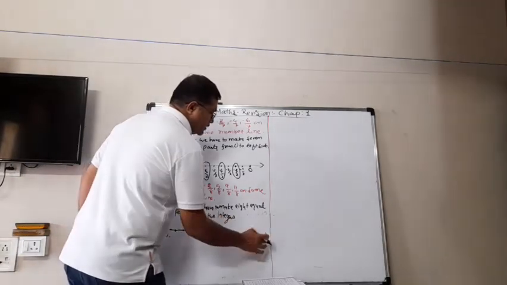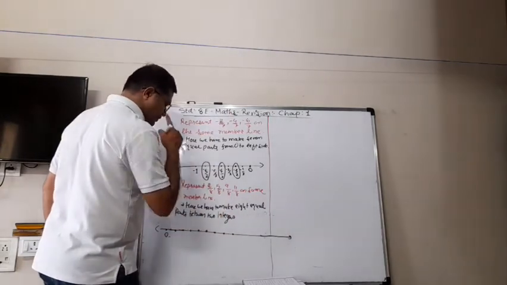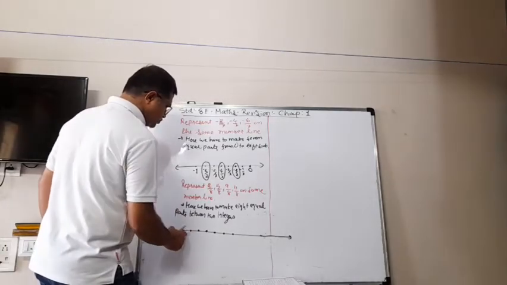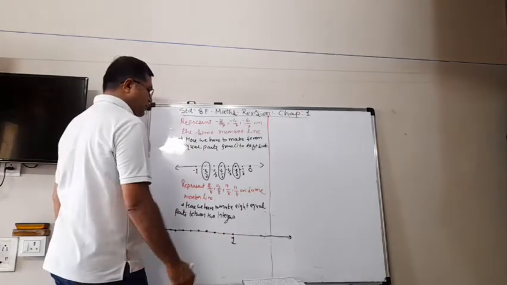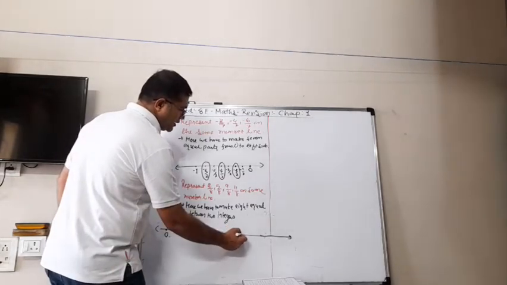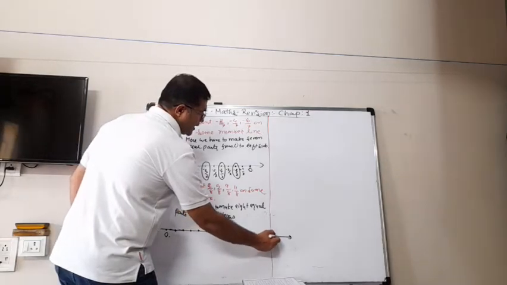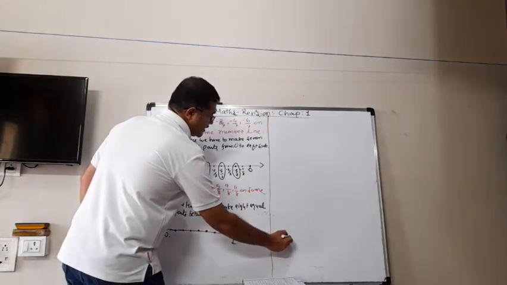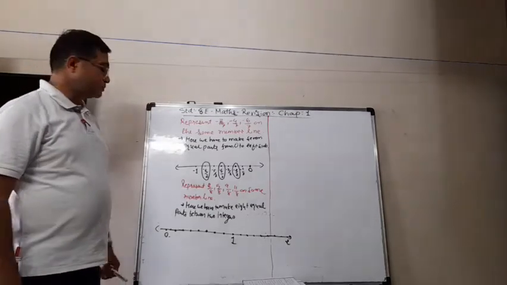Then we have to extend this because there will be more numbers also. So 1, 2, 3, 4, 5, 6, 7, 8. At 8 we have to write down 1, and then another 8. 1, 2, 3, 4, 5, 6, 7, and 8. At the other 8 we have to write down the number 2.